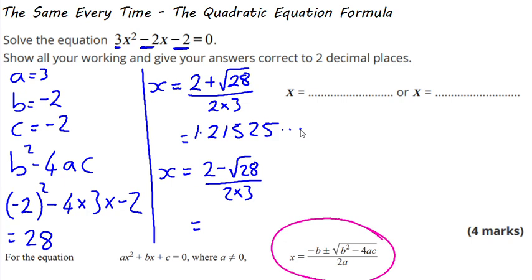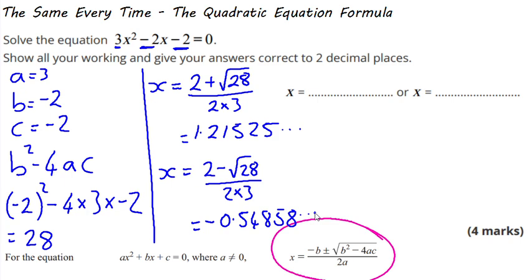Now I can use my replay buttons, the arrow buttons, and just change my plus to a takeaway. Press equals, again SD button to get the decimal, and I've got negative 0.54858 and some more digits which I won't write down.